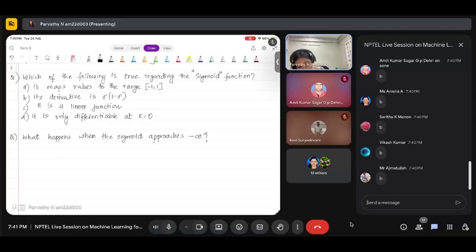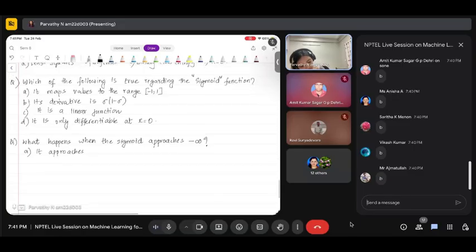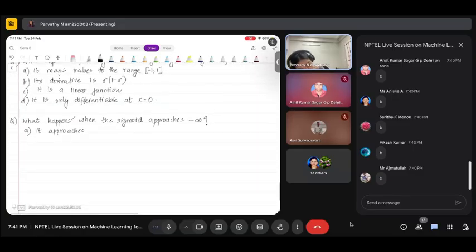What happens to sigmoid when x approaches negative infinity?